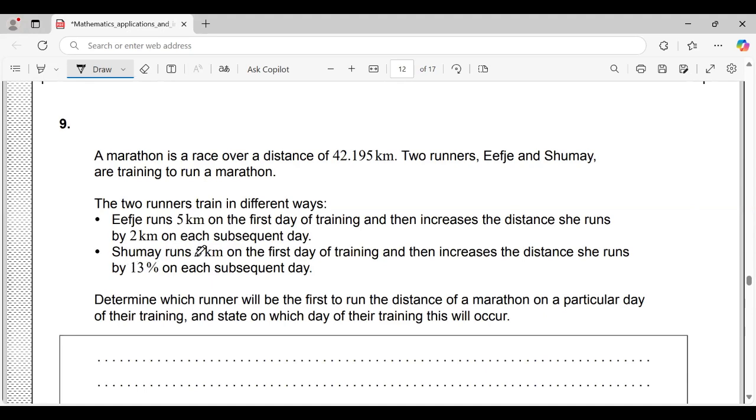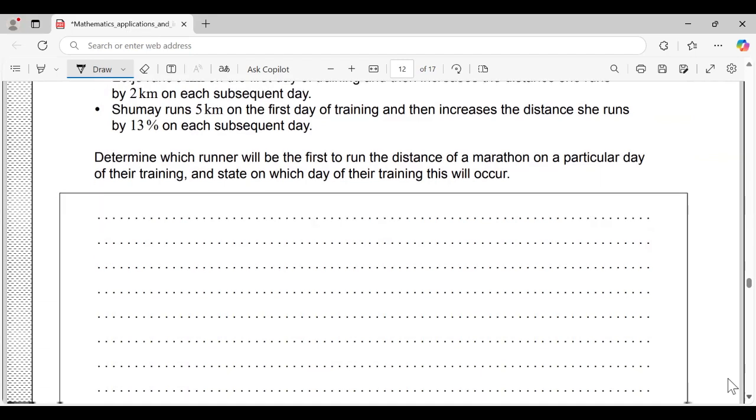Shumei runs 5 kilometers on the first day of training and then increases the distance he runs by 13% on each subsequent day. Determine which runner will be the first to run the distance of a marathon on a particular day of their training and state on which day of their training this will occur. Right.